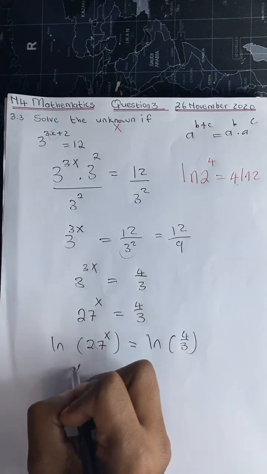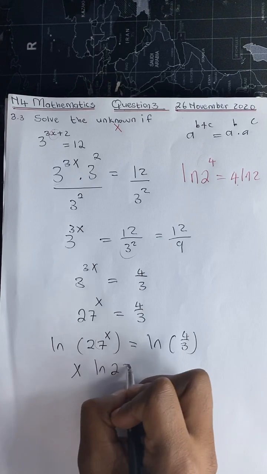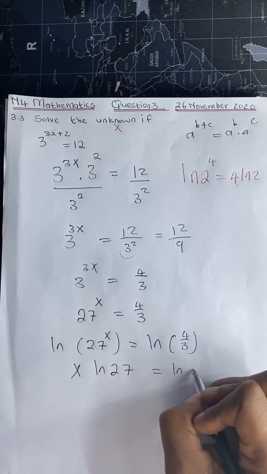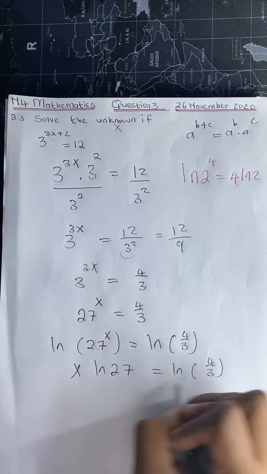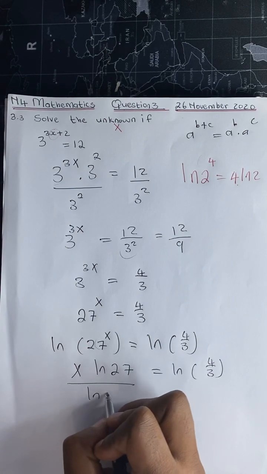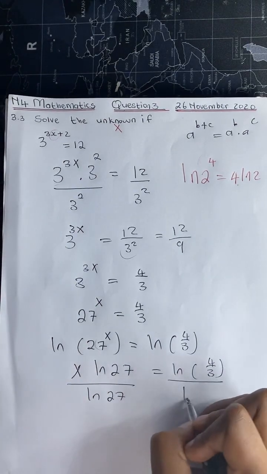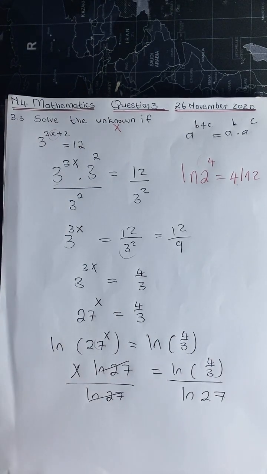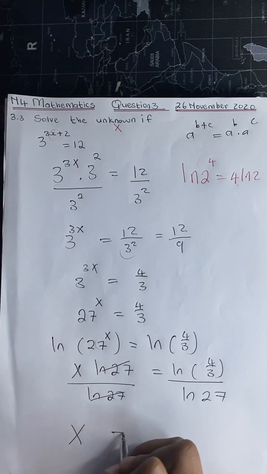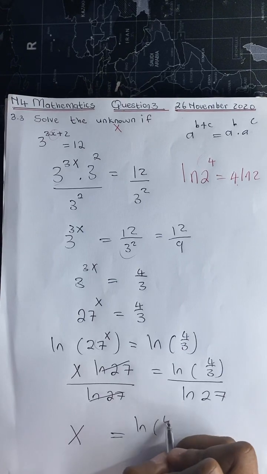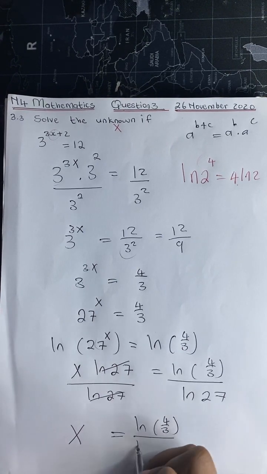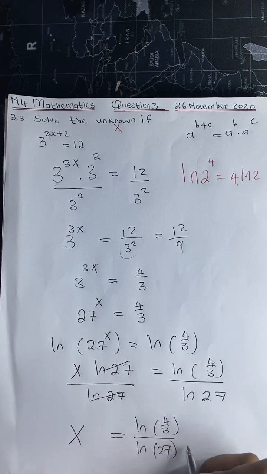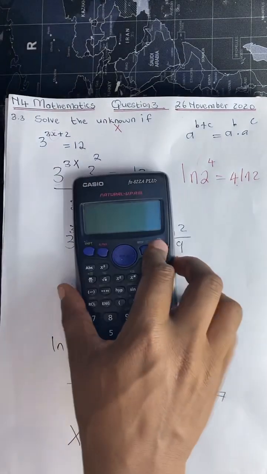So we'll have x ln of 27 is equal to ln of 4 over 3. We divide both sides by ln of 27, so that ln of 27 will cancel out with that ln of 27. So x will be equal to ln of 4 over 3 over ln of 27.